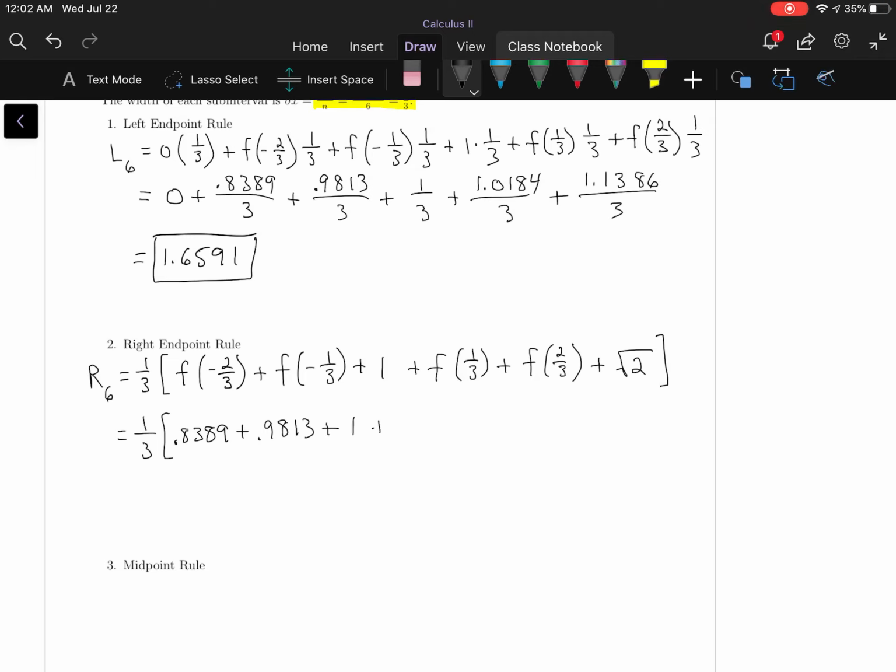Plus f of 0, which is 1, plus 1.0184 about for f of 1/3, plus f of 2/3 is about 1.1386, plus the square root of 2, which is about 1.4142. And when you compute this, you get an approximation value of 2.1305.